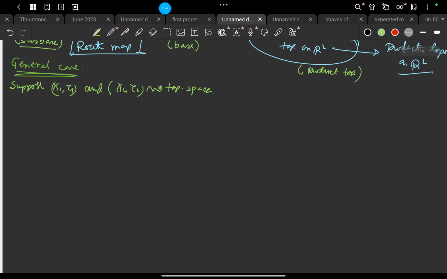We consider S to be the set of all X1 cross G2 such that G2 belongs to tau 2, union with G1 cross X2 such that G1 belongs to tau 1.